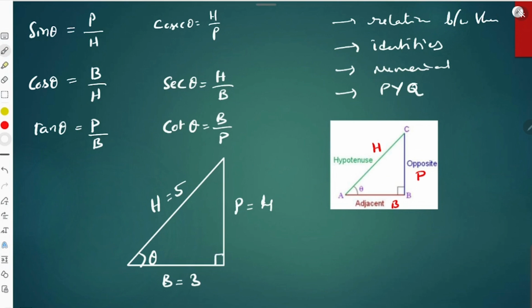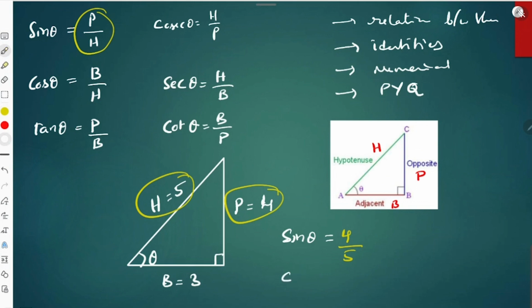Then, with reference to theta, what will be sine theta? The definition is perpendicular by hypotenuse. What is the perpendicular here? 4 by hypotenuse 5. So this is sine theta.